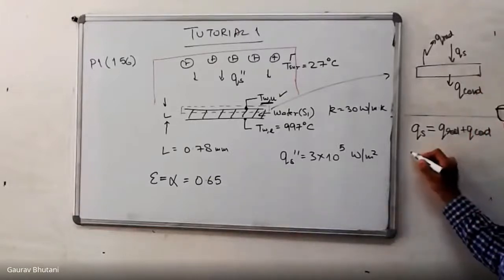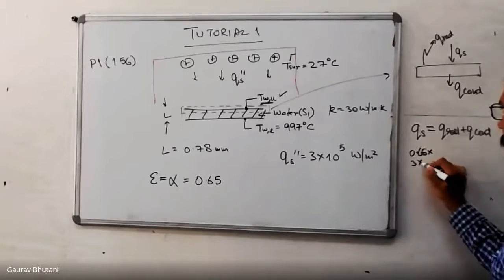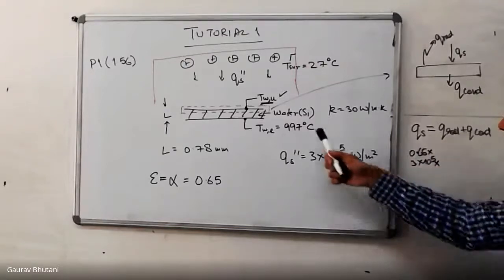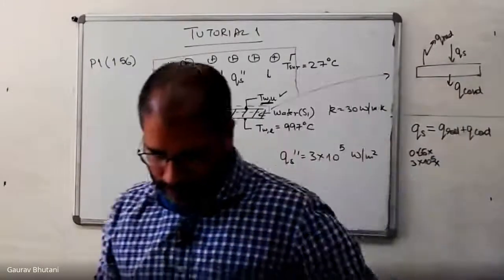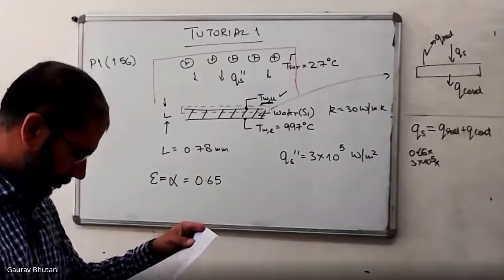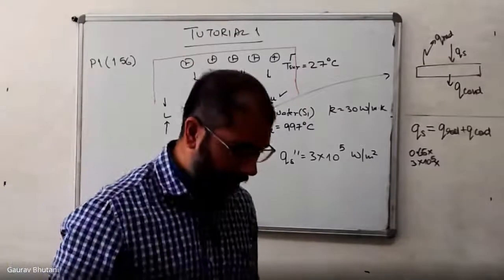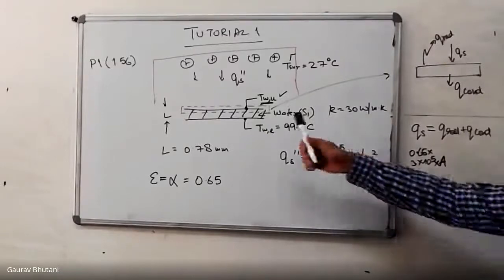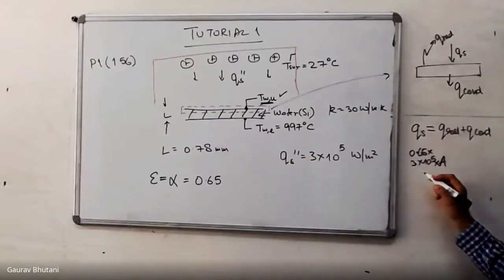So this becomes 0.65 times 3 into 10 raised to power 5 watts per meter square. You need the top surface area. Well, this surface area is not given, but that's okay. Everything can be written in terms of A, so I'll simply write this times A, where A is the surface area of the wafer's top surface. This becomes my QS.